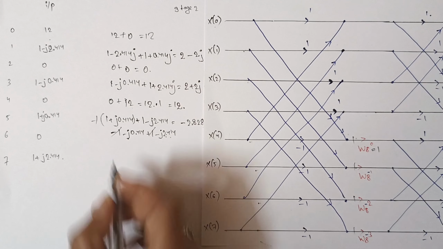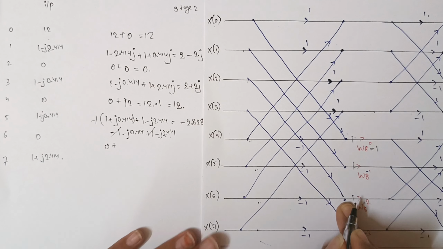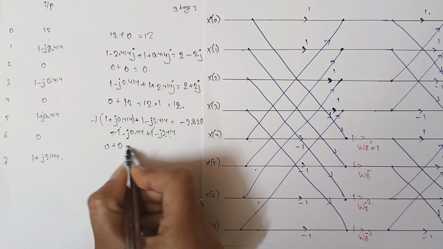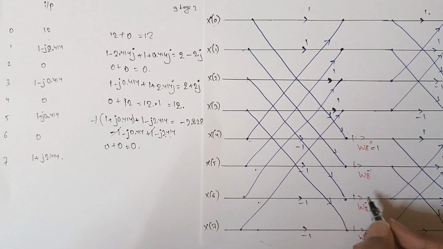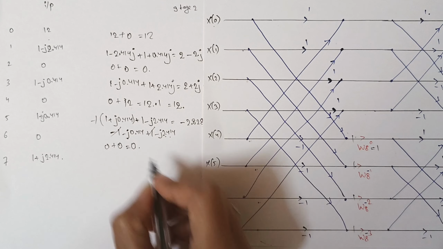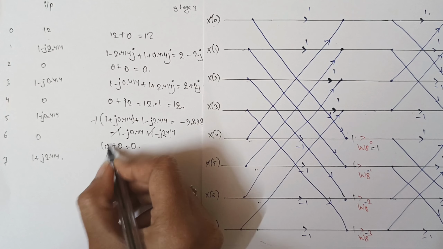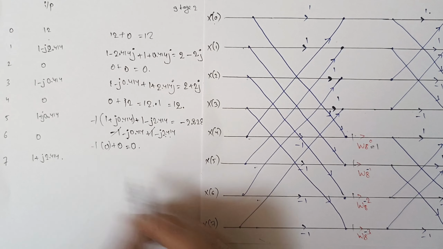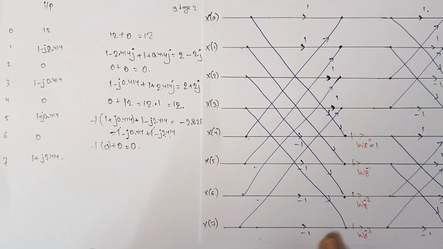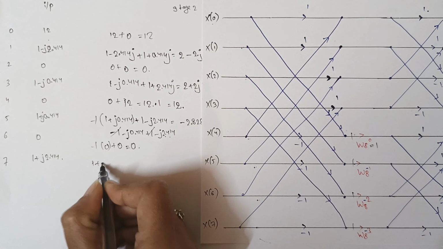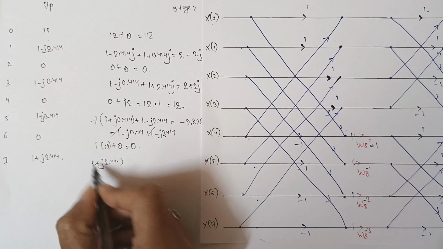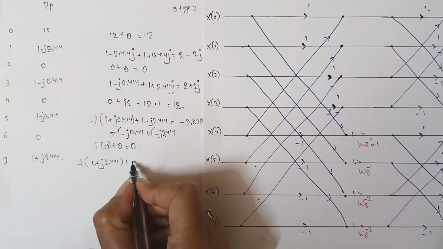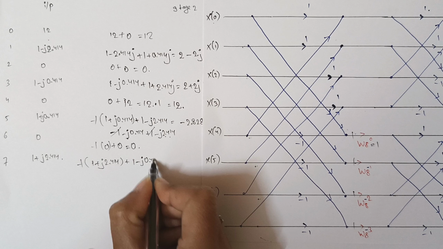Here we have 0, and we are getting that from 2nd index, right? So we will add that 0, and if it is getting multiplied by -1 also, it will stay as 0 only, so the final answer is 0. And for the seventh line we have 1 plus j 2.414, and this is multiplied by -1, and the other thing is coming from third index, that is 1 minus j 0.414.